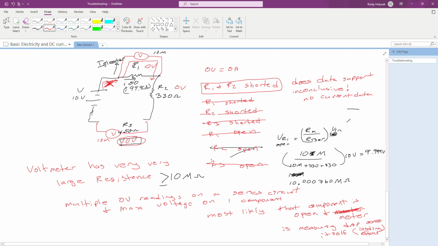And then in the end, the final answer comes down to where R3 is our culprit, R3 is open, and it's because our meter actually completes the circuit that we get that weird reading of it dropping everything. And that's the reason in the physics of why we get that. So anytime we measure an open, we should get the entire voltage drop in series that's available to it.